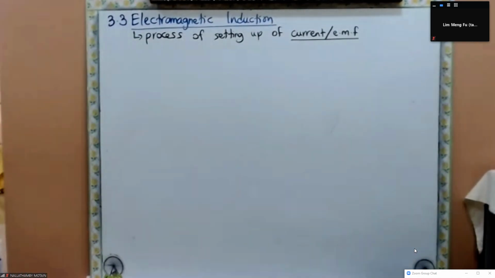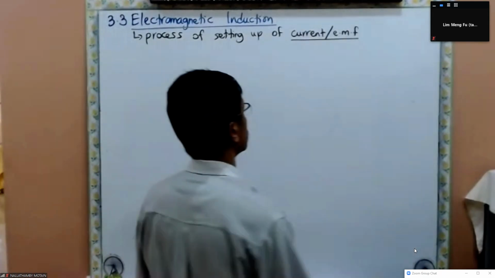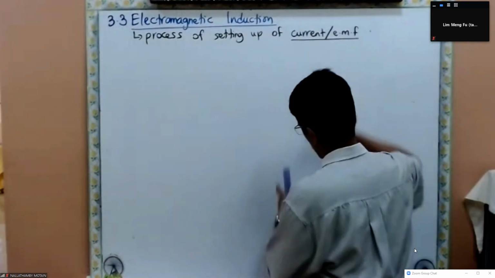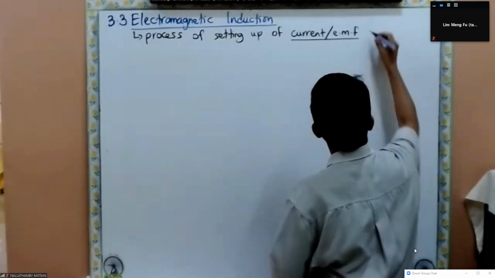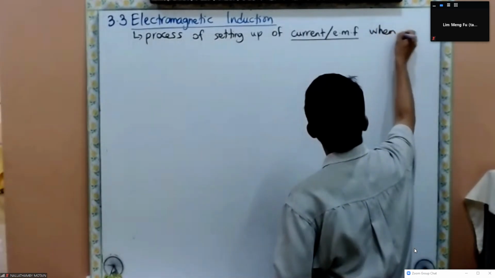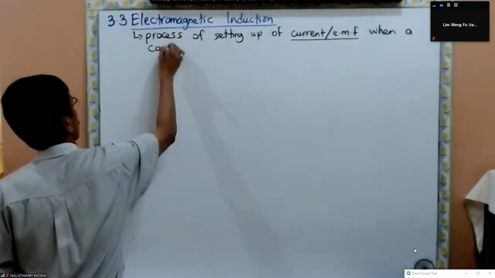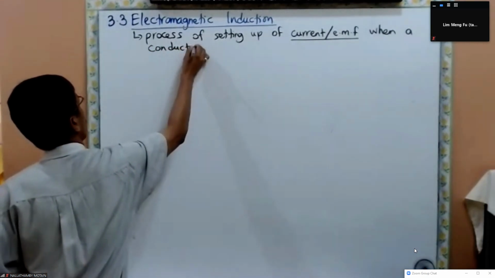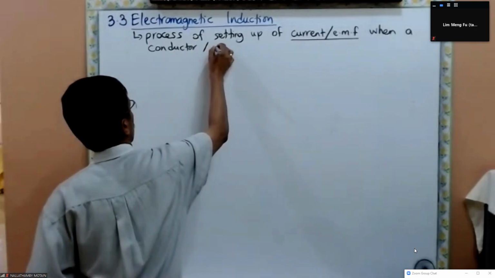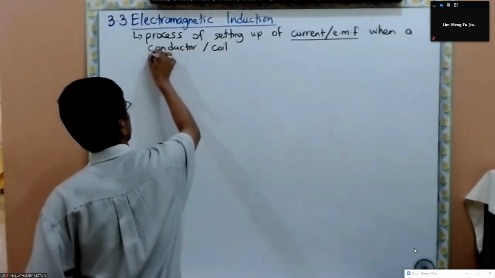Process of setting up of EMF or current when a conductor or coil experiences change of magnetic flux.